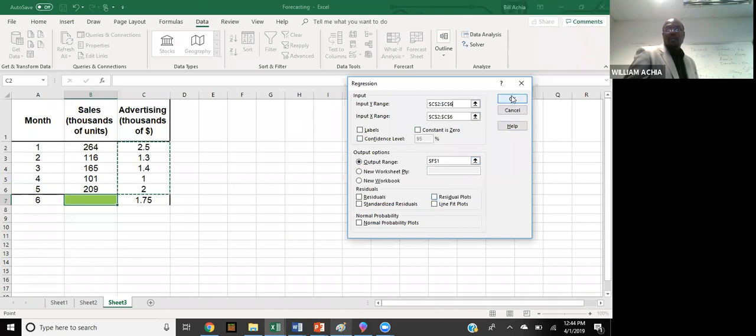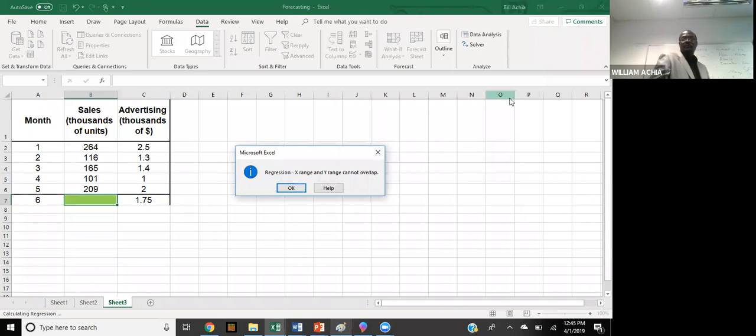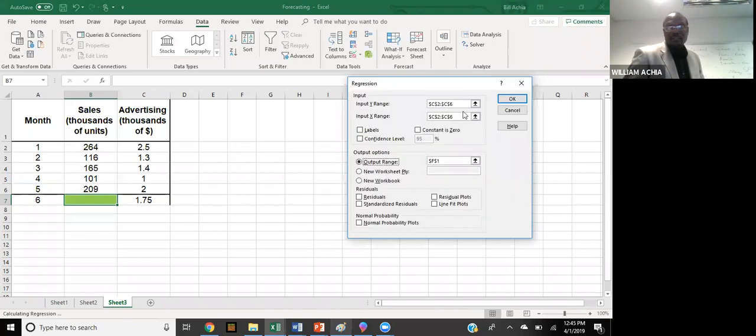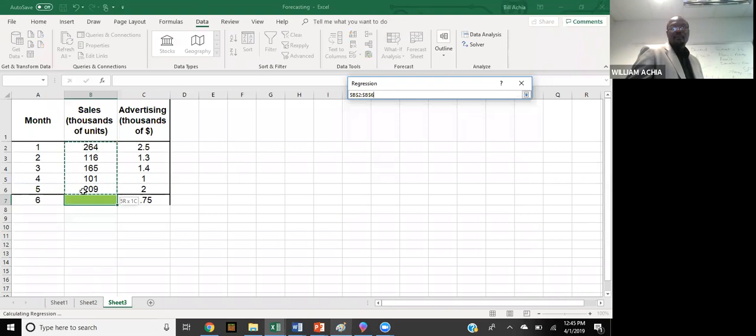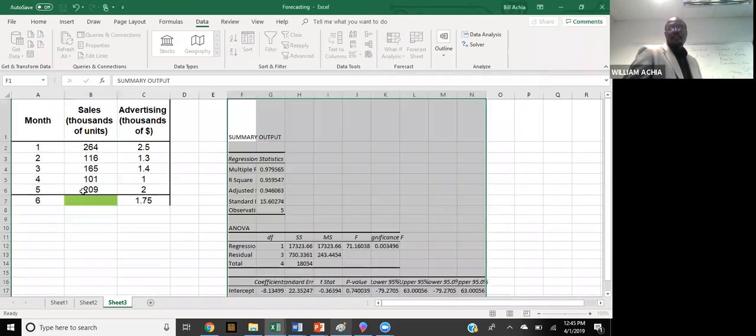And just say okay. Why are they overlapping? C and C. Okay, I made a mistake there. This should be... okay. So when you click OK, you get this table right here with summary statistics.